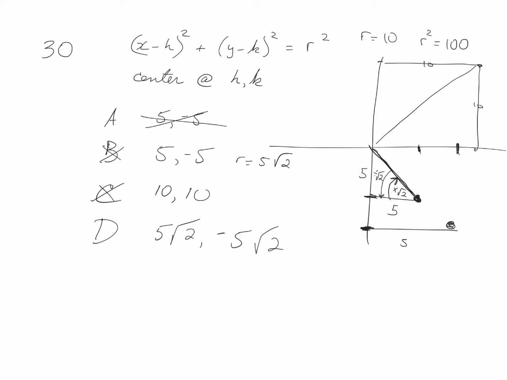So this distance is 5 root 2. This distance is 5 root 2. And our radius, we have to multiply it by root 2. So 5 root 2 times root 2 is going to be 10, because 5 times root 2 times root 2 is root 4, which is 2, and that will equal 10. So the answer is definitely D.